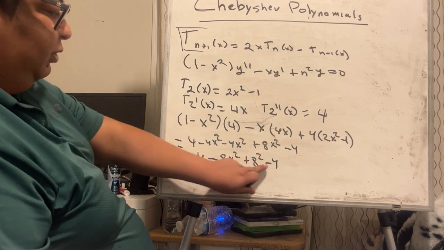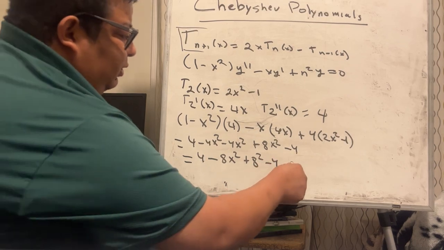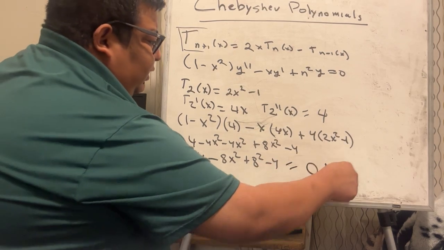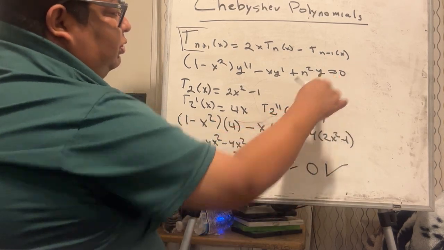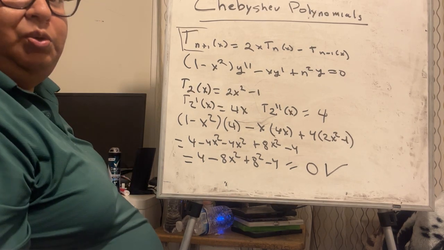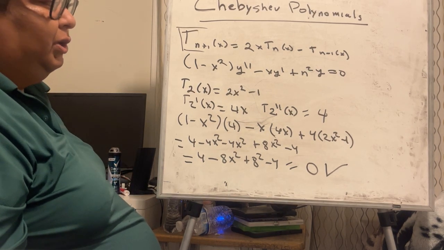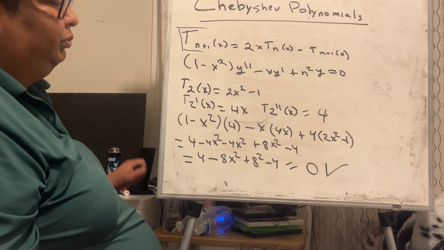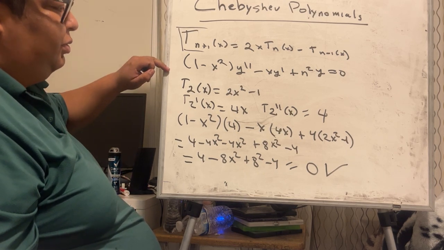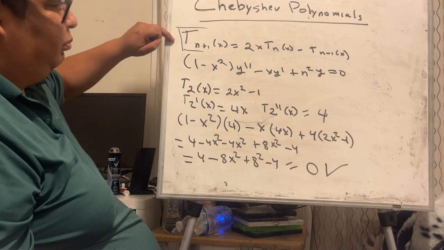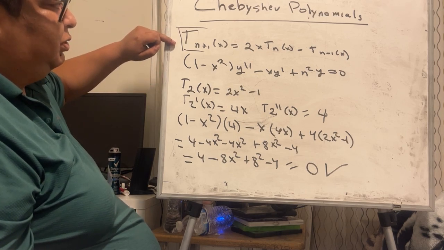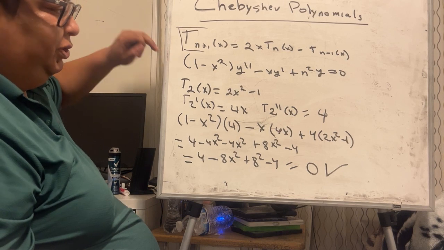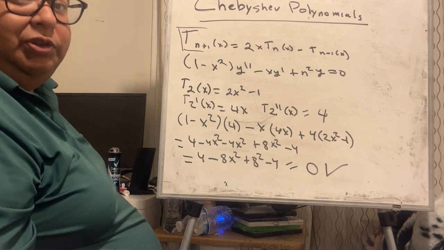So 4 minus 4 is 0, and this is 0. So this whole thing is equal to 0, and that checks out because 0 is equal to 0. So I have shown that T0, T1, T2 are solutions to this differential equation. And it can be shown that any Chebyshev polynomial is a solution to this differential equation.